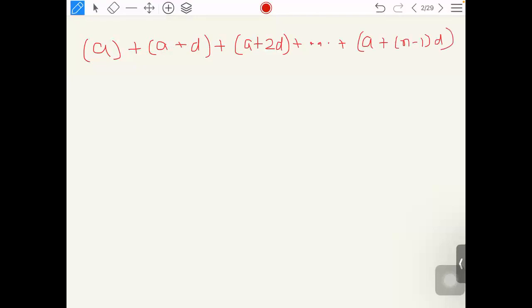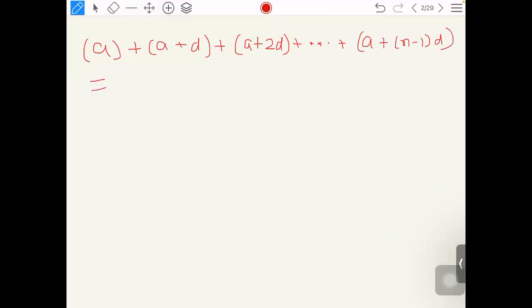Now, for an AP, the summation formula is, say, a plus d plus a plus 2d up to n terms, where the nth term is a plus n minus 1 into d.